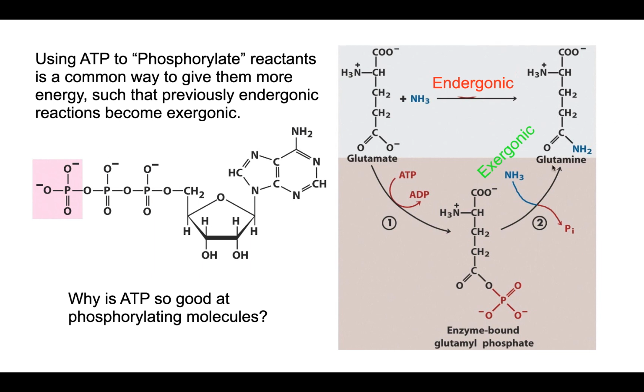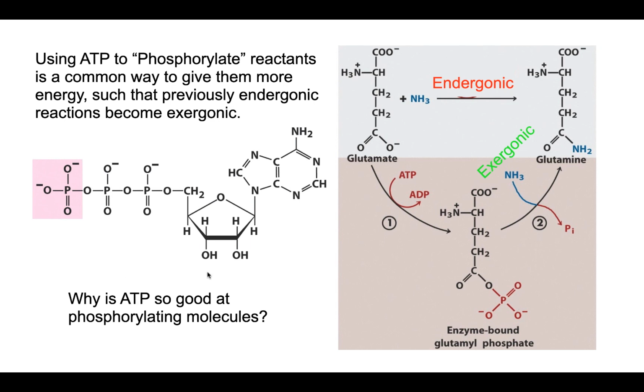The sole purpose of that inorganic phosphate that came from ATP was to essentially activate glutamate, to make it a better reactant, a higher energy reactant, to make it more reactive. For those of you who remember your organic chemistry, phosphate is a great leaving group. It makes this reaction exergonic because phosphate is such a good leaving group.